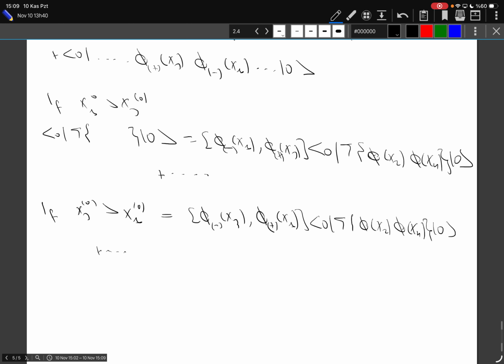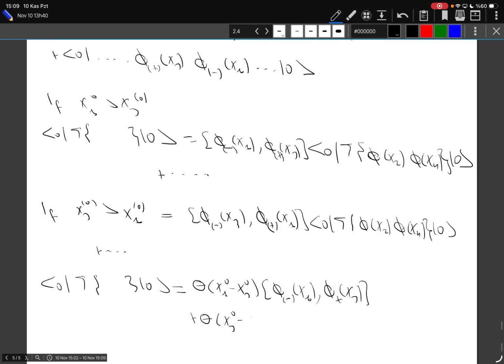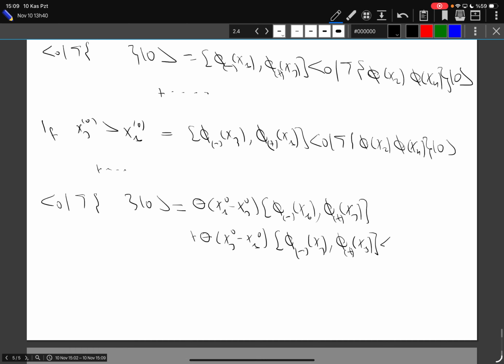So what did I obtain? This time-ordered product is actually theta x10 minus x30, phi minus x1, phi plus x3, plus theta x30 minus x10, phi minus x3, phi plus x1, multiplied by the other fields, time-ordered product, matrix element, plus other terms.